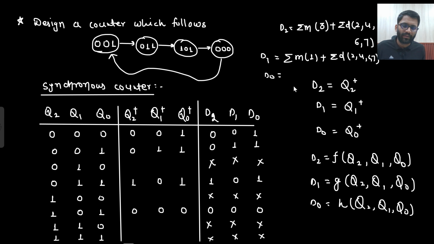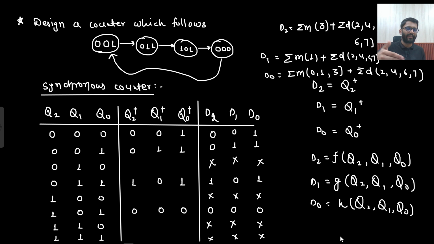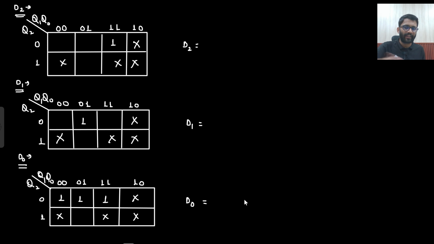What about D0? D0 has minterms of 0, 1, 2, 3 and don't cares are 2, 4, 6, 7. Right? So I can make the K-map now. This is how I will make the K-map. Okay, and from there I can get the value of D2, D1 and D0.